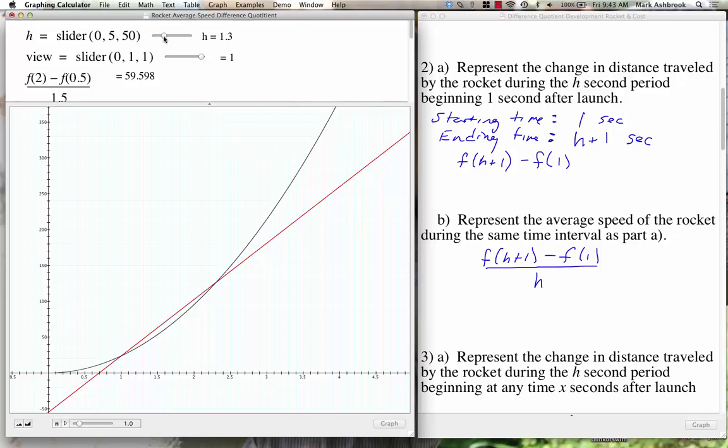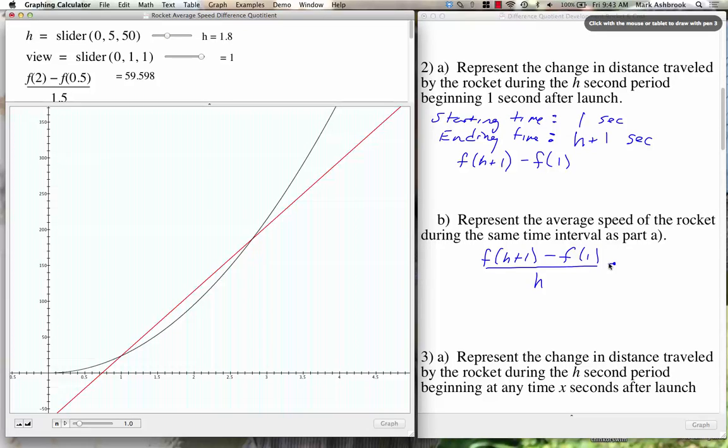What is it about that line that represents the average speed? What aspect of the line, or quality of the line, is representing that value of average speed? Isn't this the change in distance in our graph?